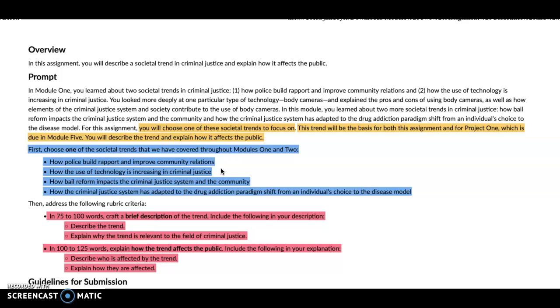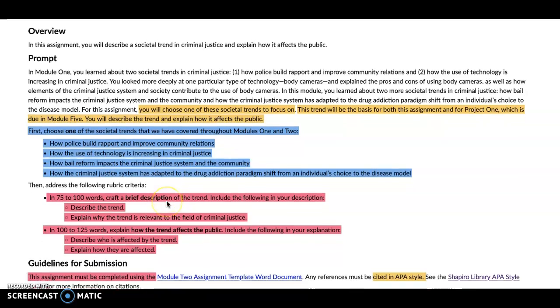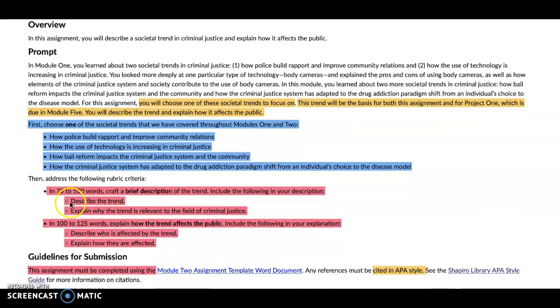All right. So when addressing the specific rubric criteria, here's what you need to consider. In 75 words to 100 words, craft a brief description of the trend. Include the following in your description.